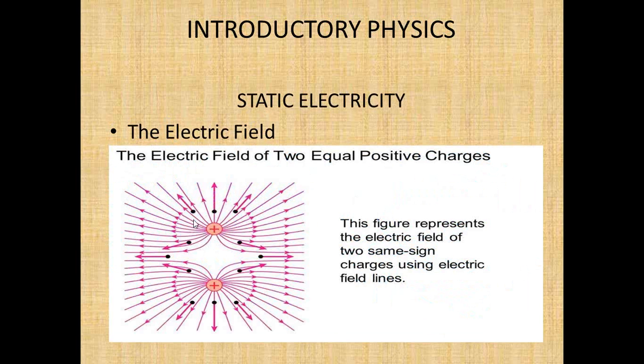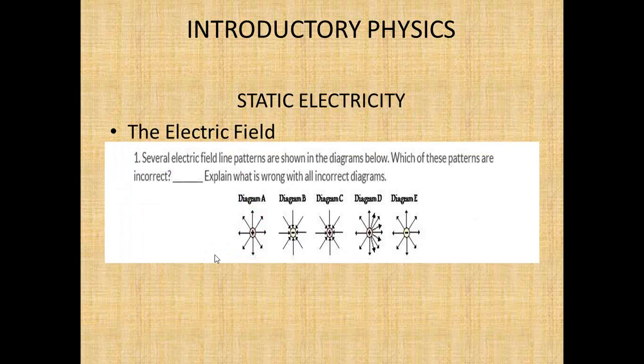You represent that by the line density. The line density gives you an idea of the electric field strength. So with positive and positive, the lines move away from the charge, but they're not going to cross each other. They're going to repel each other.